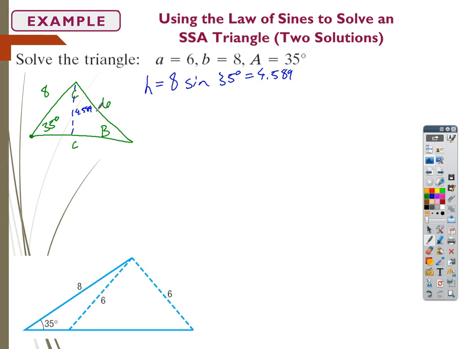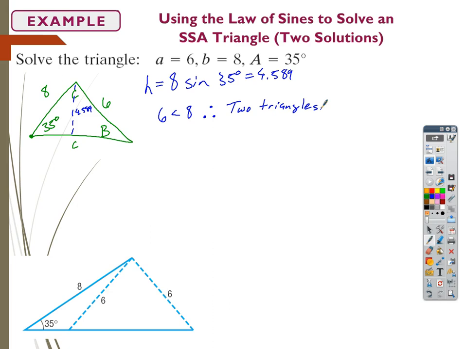Hey, the side across from the given angle, 6, is smaller than the side that's not there. The side that is not across the given angle is 8. Therefore, 2 triangles. How do I find these 2 triangles? And that's where it's going to take a little bit of effort. Okay? So let's do the first one.